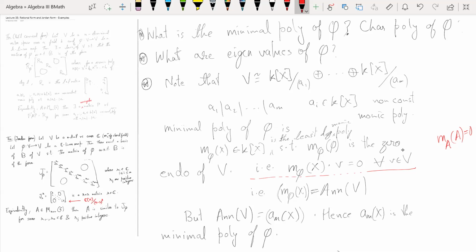So if you take am and multiply with any element of the right hand side, it will become zero. So am certainly belongs to the annihilator, and I want to say that the annihilator is exactly (am).